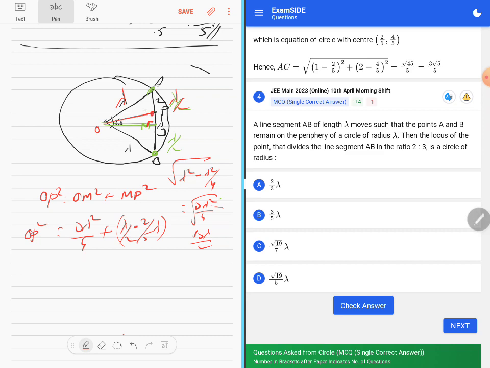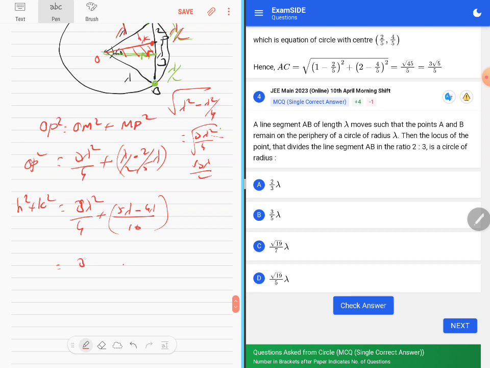Considering the point P to be H comma K, and this being a right triangle, you can also write it as H square plus K square is equal to 3 lambda square by 4 plus, you solve this, lambda by 2 minus, 10 is the LCM, so 5 lambda minus 4 lambda.